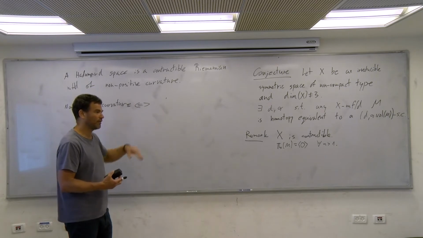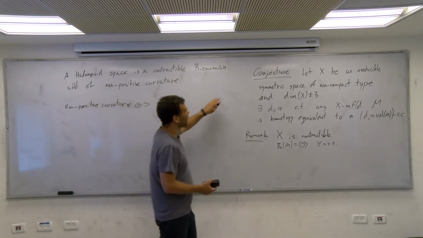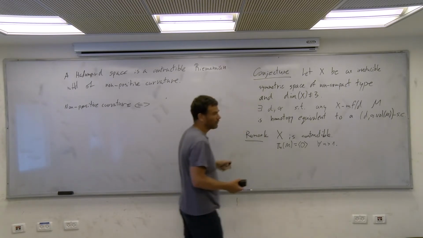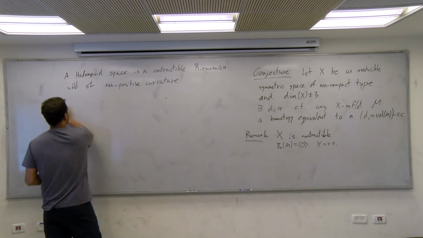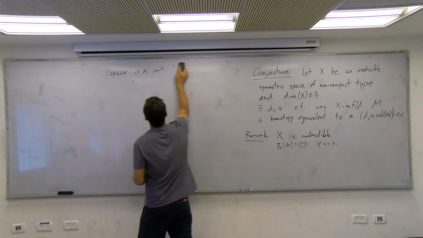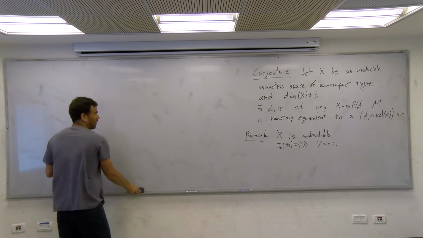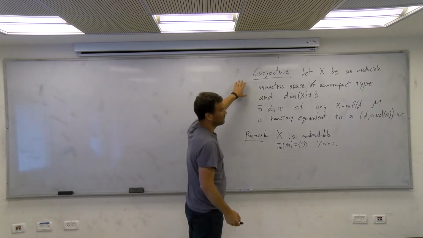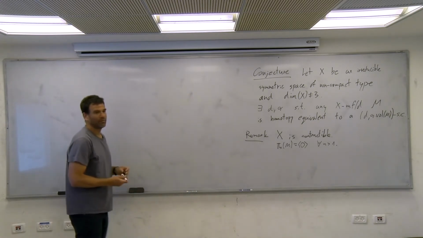But we will discuss it later. For Hadamard manifolds, I'm less courageous, and I would call it a question, not a conjecture. But I am very, very confident that it should be true in the symmetric space.